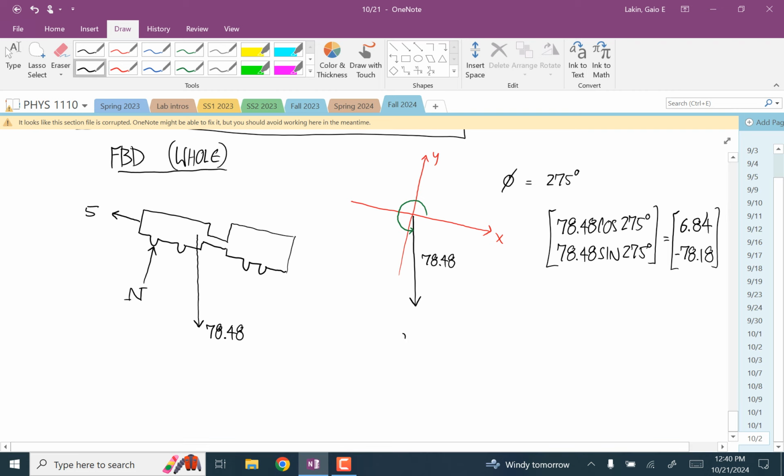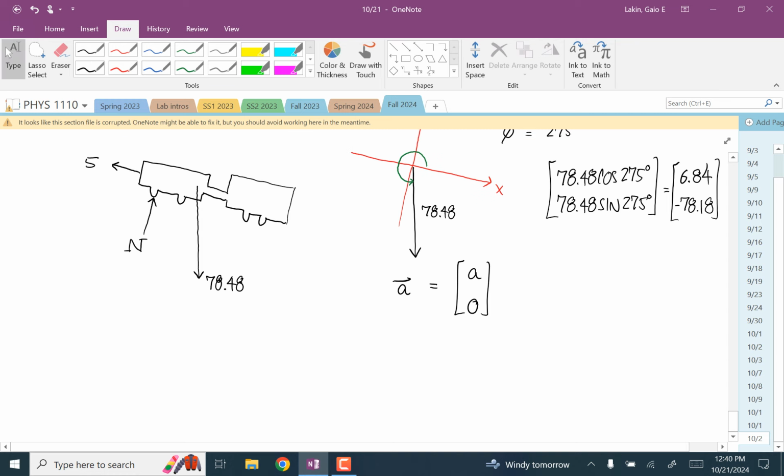The acceleration vector is just going to be along the x-axis, so I'll call it a0. And now put all this stuff into Newton's second law. So we have the weight force, 6.84, negative 78.18.